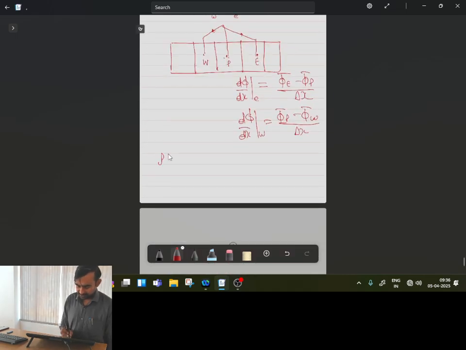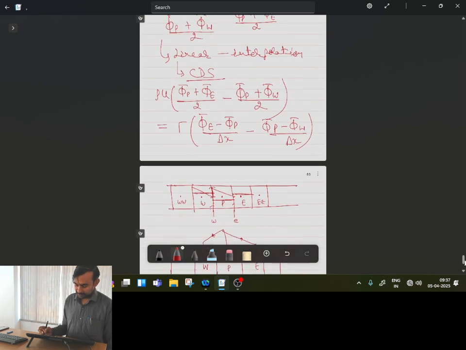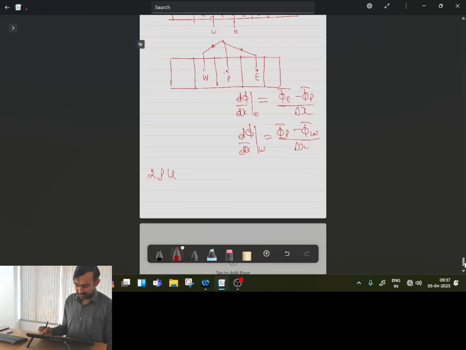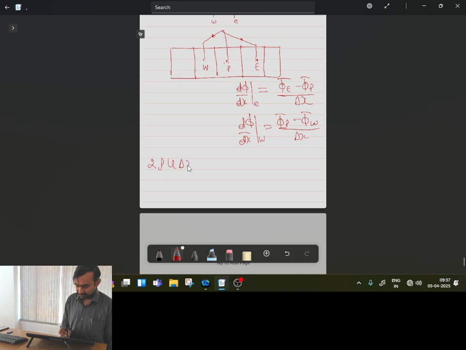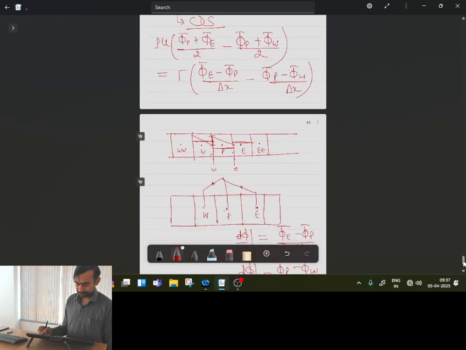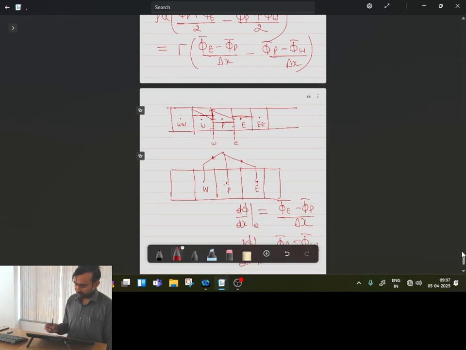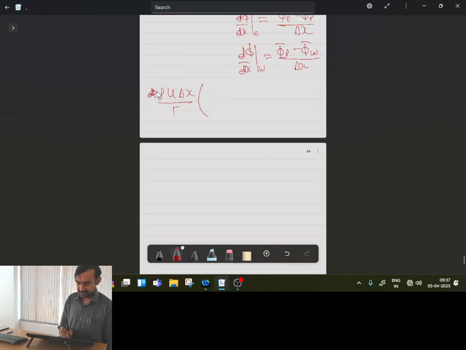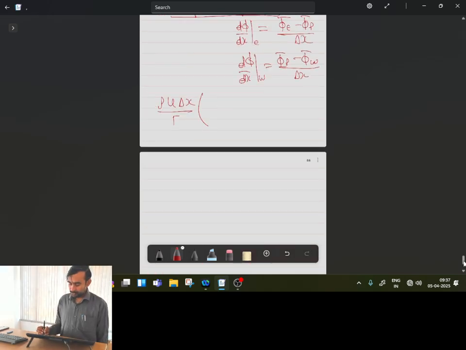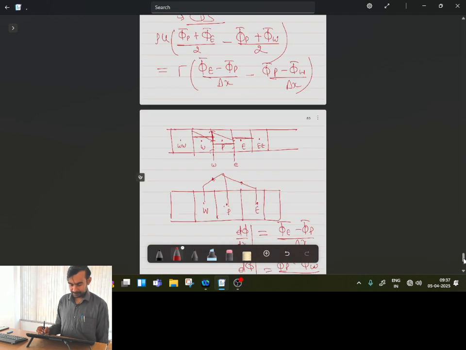So I will be getting something 2 rho u, and it was gamma by delta x. If I take to other side, it may become delta x by gamma. Okay, is this one clear? 2 times rho u delta x by gamma. And what I am getting inside? Let me not take 2 because 2 I can adjust in the center itself. Okay, so what I will be getting inside, please tell me.